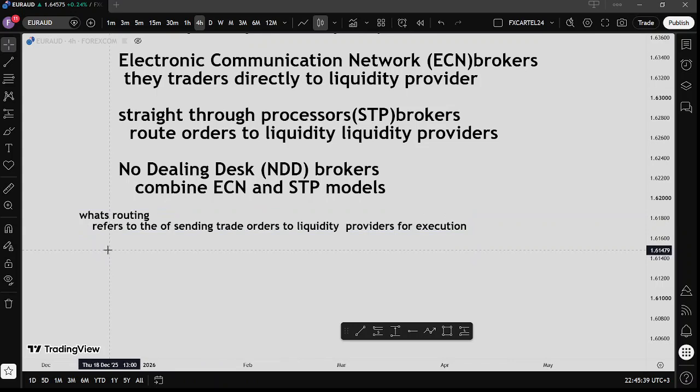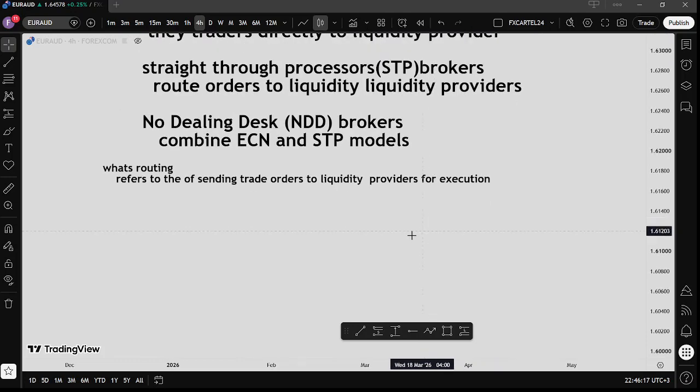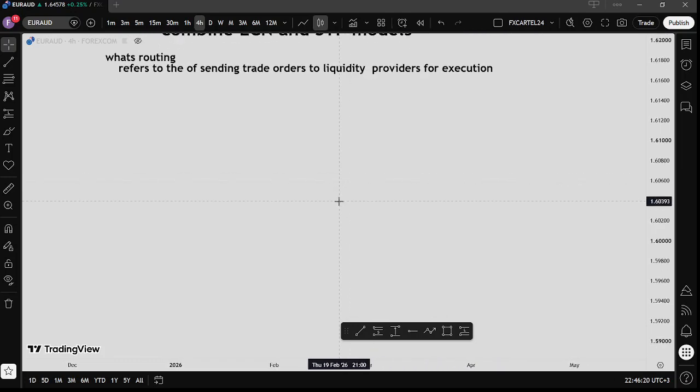These brokers that have given you access to the market route your order to liquidity providers to execute. Have you understood that? So when you press buy, you see the price start moving. When you press sell, likewise. It is these brokers that do that through routing orders to liquidity providers for execution. That is simply understood.